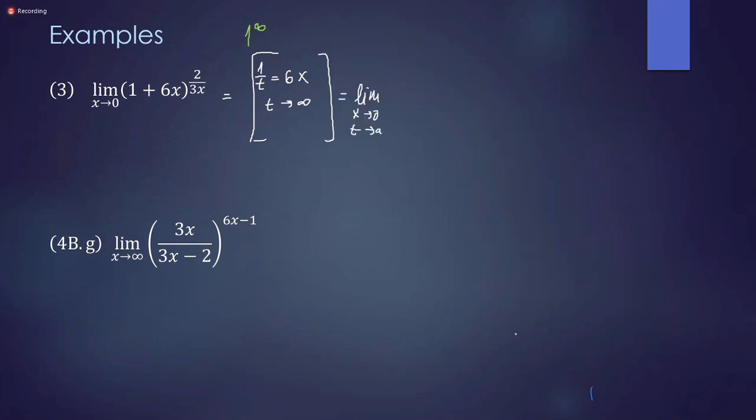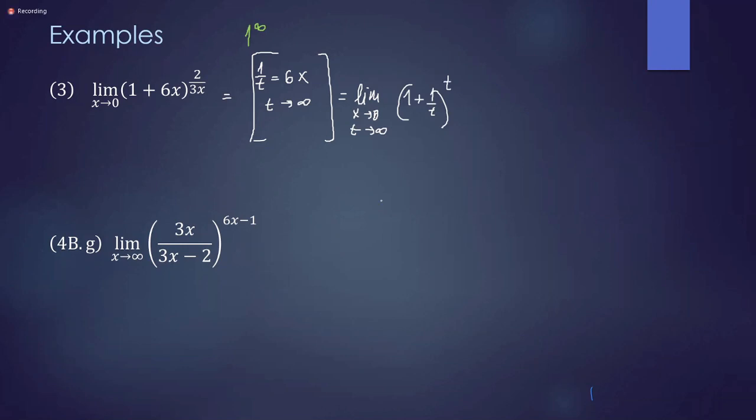Where does x tend? Where does t tend? And now we have 1 plus 1 over t. We substitute 1 over t for 6x. Then we need t as always. Nothing has changed. Then we need 1 divided by t to cancel out t, nothing is new, times, of course, the actual exponent, which is 2 divided by 3x.